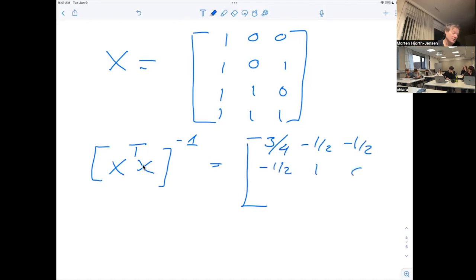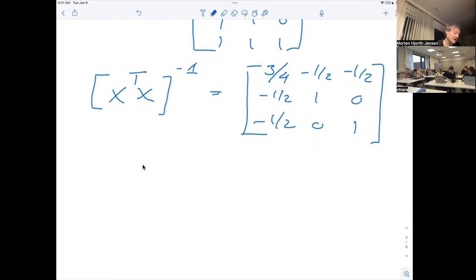And then I have 1, 0, 0, 1, and then minus a half here. So that means the following, that we can find this parameter theta, the optimal ones, using plain standard linear regression. And this is going to be given by an intercept which is a half and 0, 0 for W1 and W2.